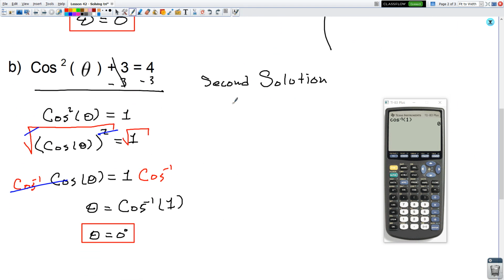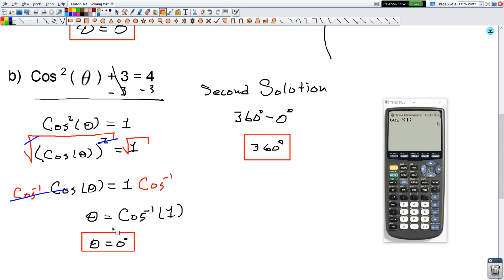So the second solution is going to be 360 degrees minus the first solution, but we know that the first solution is 0 degrees. We got it. And then here, well, 360 degrees minus 0 degrees is 360 degrees. We got the first solution. We have a second solution.